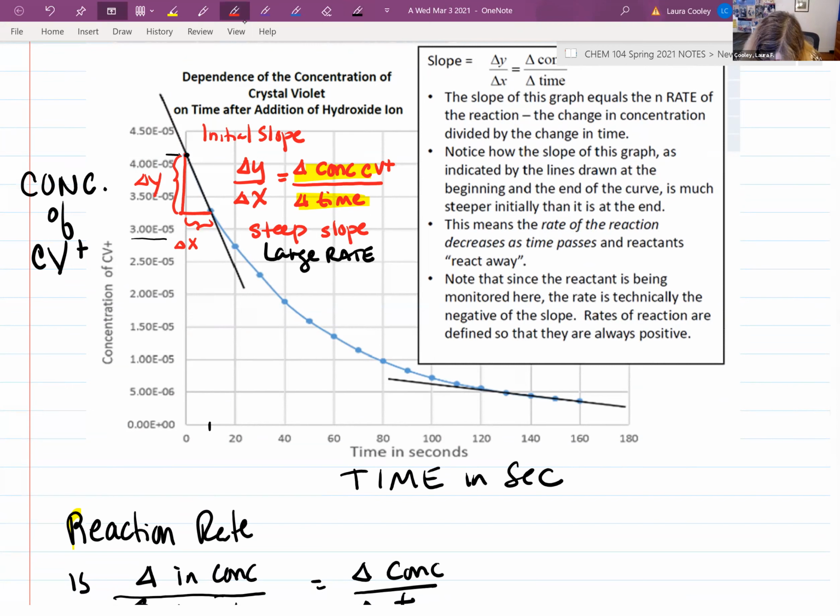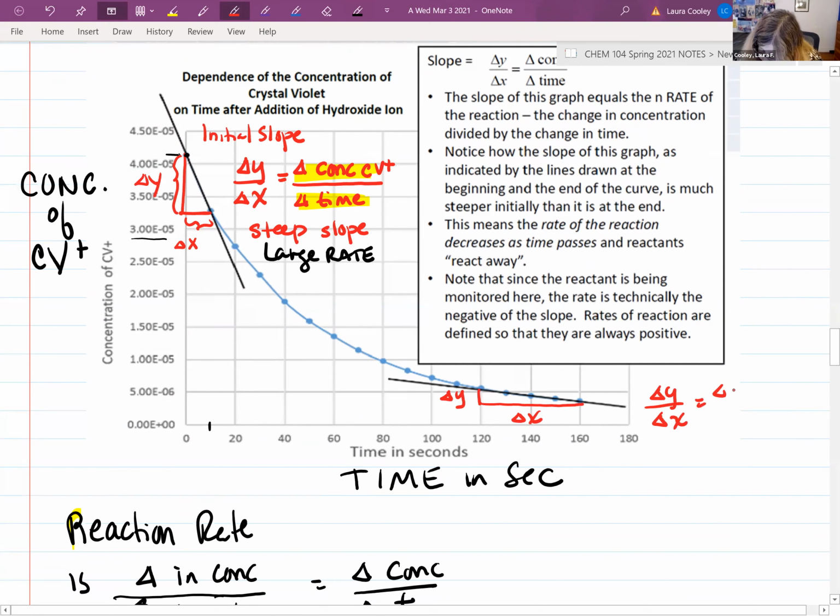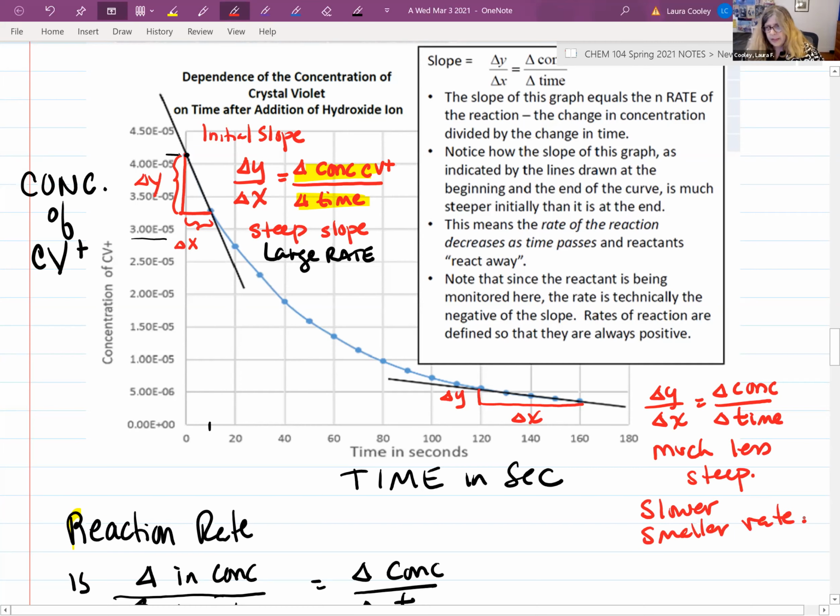At the end of the reaction, if you look at the delta y and the delta x, which is still the change in concentration over the change in time, it's much shallower. It's much less steep. So this means it is a slower, a smaller rate. Okay, does that make sense to you? Yeah, good. All right. I saw one person nod her head.